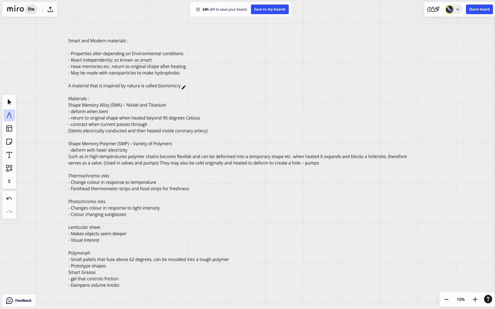The other metal in this case is titanium, and it's used in stents in medicine. So if you have, let's say, a coronary artery blockage, and you got some low density lipoprotein here, then you would get a stent in its original shape. You pass some current through it, and it causes the stent to contract and therefore be able to fit inside the coronary artery.